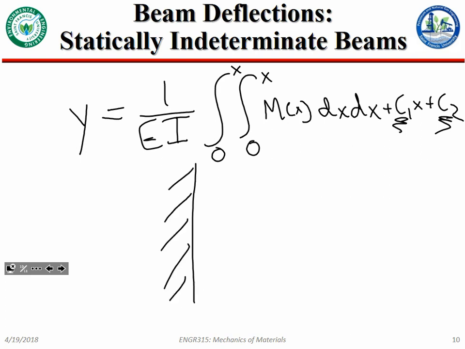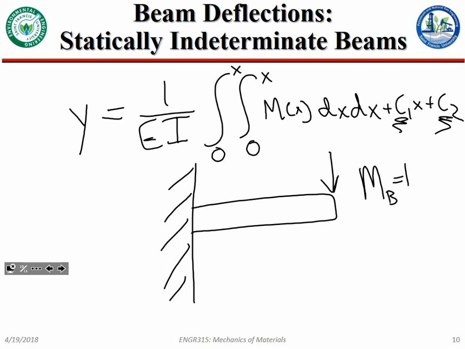So last time we had something like a cantilever beam, with a force at the end. You could find an expression for the bending moment, and it would be something like that-ish. And you get an expression for that.